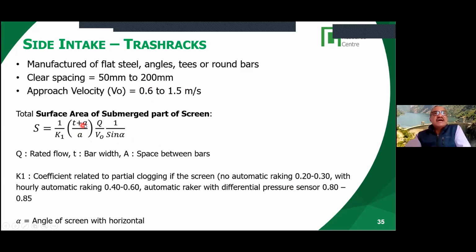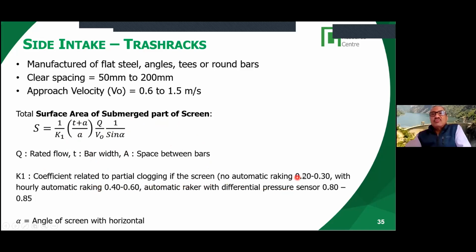And the surface area of the submerged part of the screen, this is the formula that is used to calculate it, based on the rated discharge. If you want to pass 5 cubic meter per second of discharge, it depends on the bar width, the size of the bar, the spacing of the bar, and the coefficient K1, which is related to partial clogging of the screen.